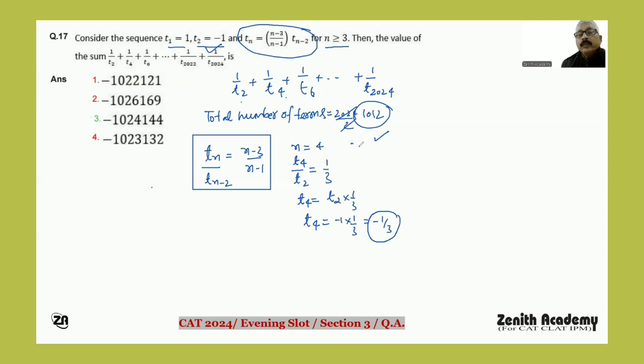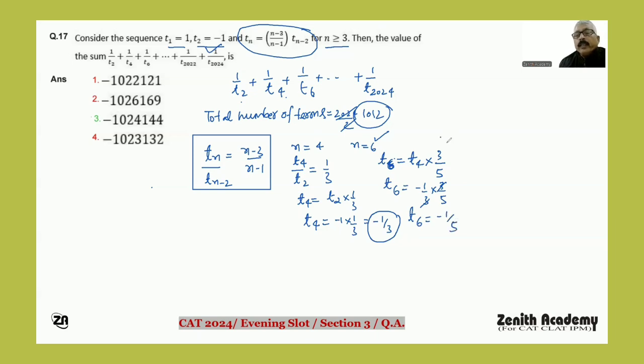If I take n is equal to 6, then T6 will be equal to T4 into (6 minus 3) 3 over (6 minus 1) 5. And your T4 you calculated minus 1 by 3. Into 3 by 5. So this is coming as minus 1 upon 5.